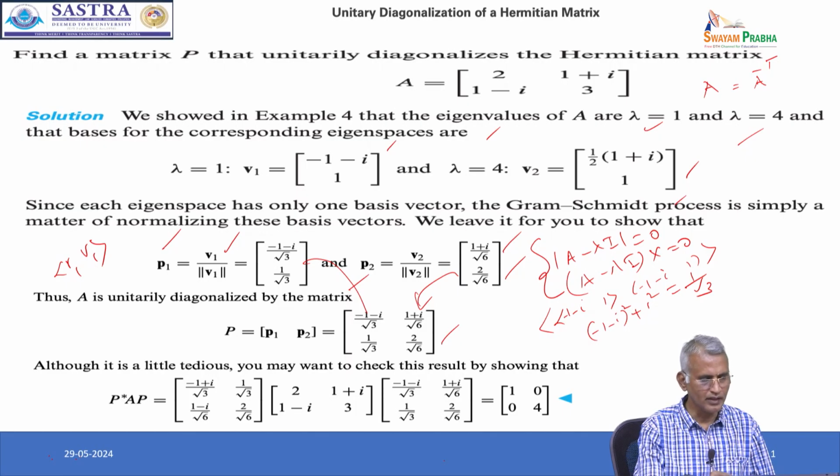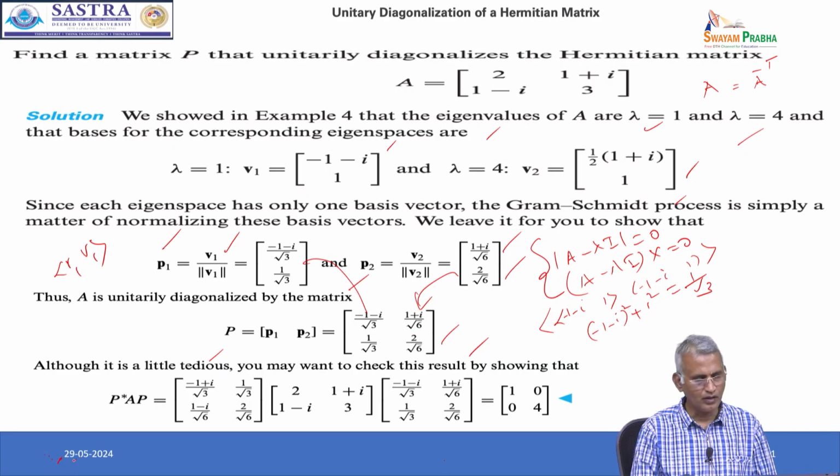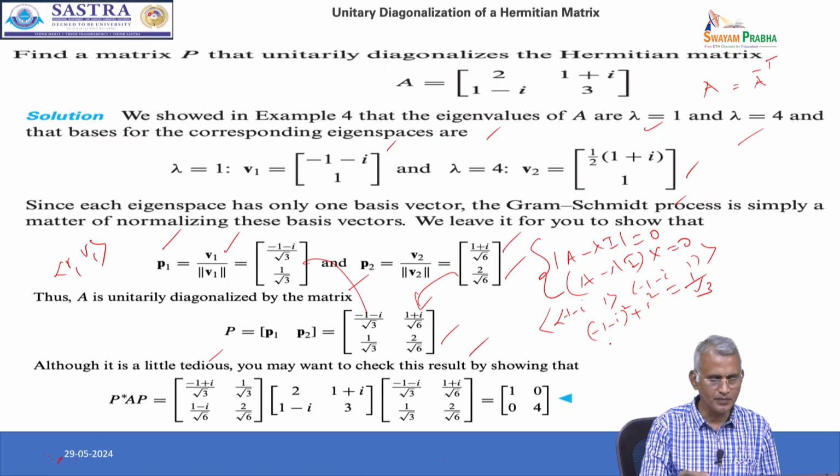So, it is a little tedious. You may want to check this result by showing that P star A P is diagonal, where P star is nothing but P conjugate transpose. P is [minus 1 minus i by root 3, 1 plus i by root 6; 1 by root 3, 2 by root 6].